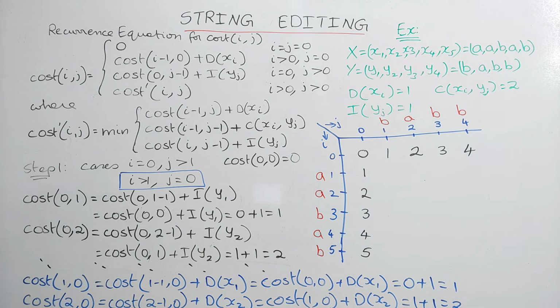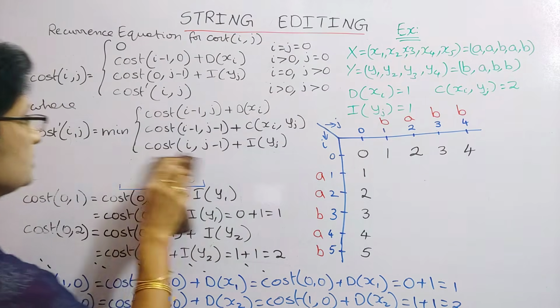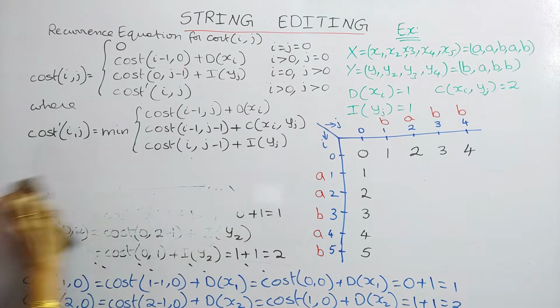And next, after that, what you have to do is you have to follow the row major order computation. That is, you have to compute row wise.